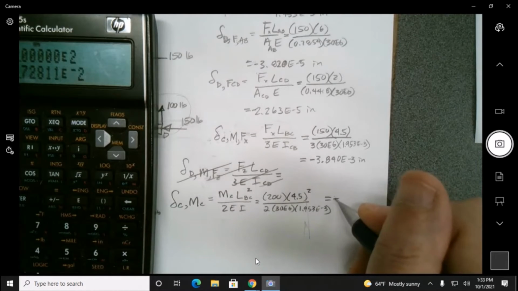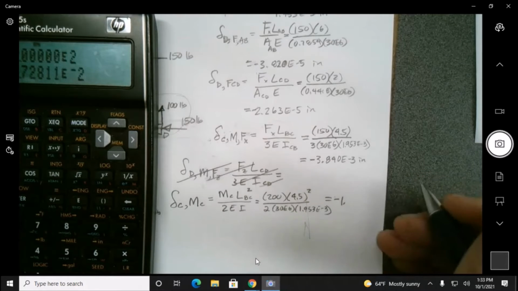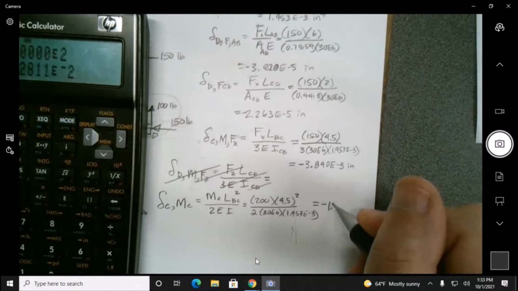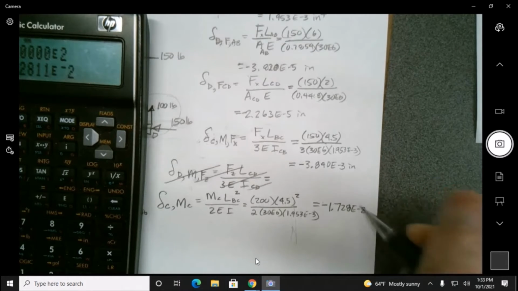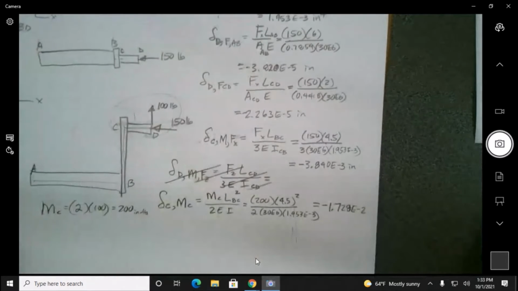So you get, and it's still all negative. I don't know why I decided to write negative, but sorry. 1.728 E minus 2. That's quite a bit, actually.